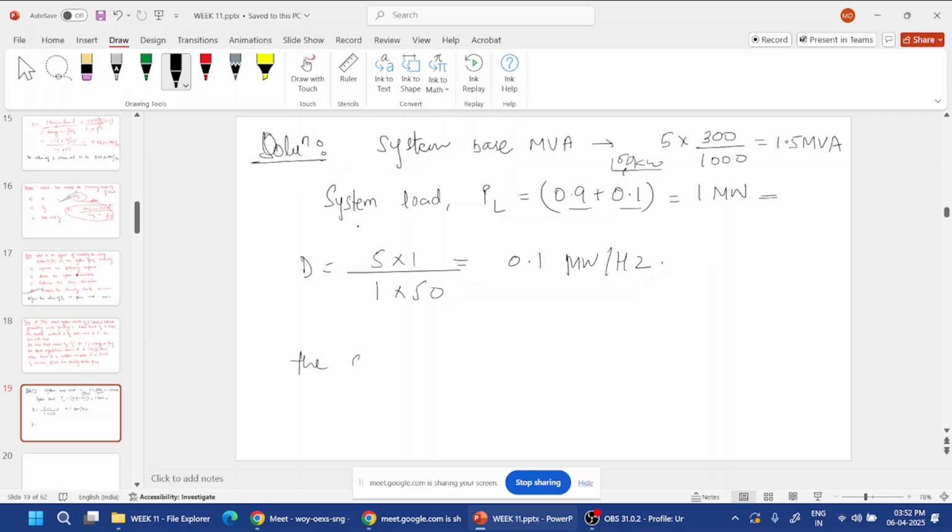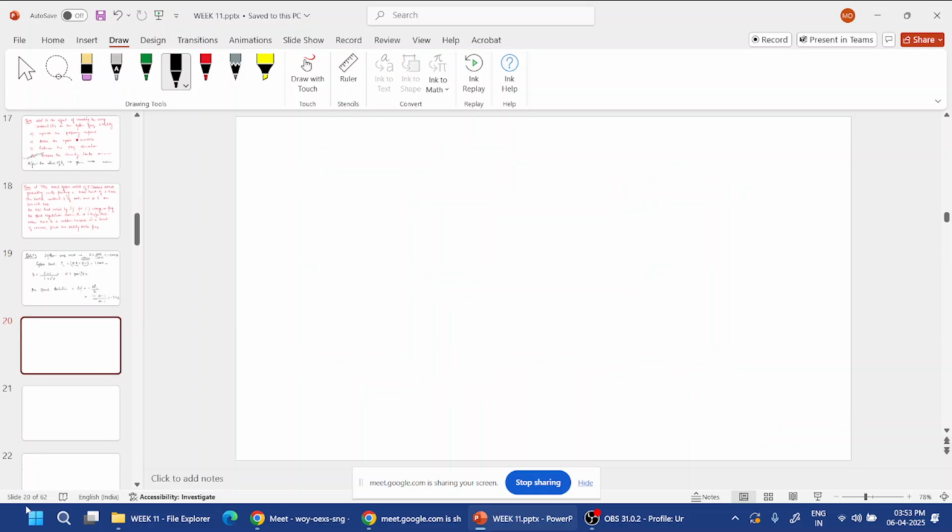Now what happens when the governor is inactive? The speed deviation del F comes out to be minus del PL divided by D. What is the change in load? Del PL is 0.1, because the sudden load increase is 0.1, divided by 0.1. It will come out to be minus 1 hertz. So the frequency deviation due to this will be minus 1 hertz.